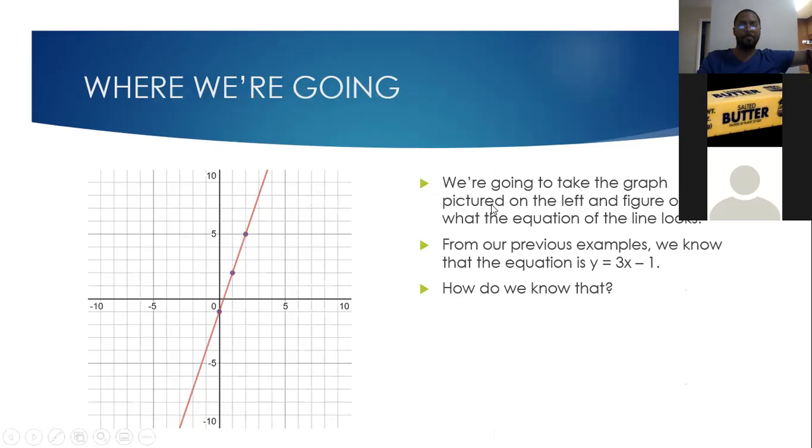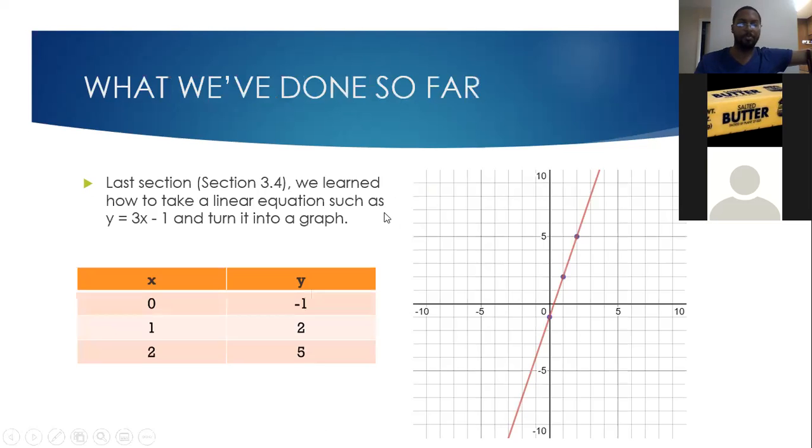All right. What we're going to do now, I'm not sure how far we'll get into it. But what we're going to be doing in the future is we're going to take that graph on the left, and instead of us having to go from a table to a picture, we're going to go from an equation, y equals 3x minus 1, which is this, and turn it into that.